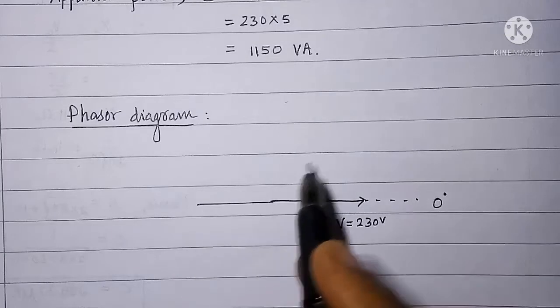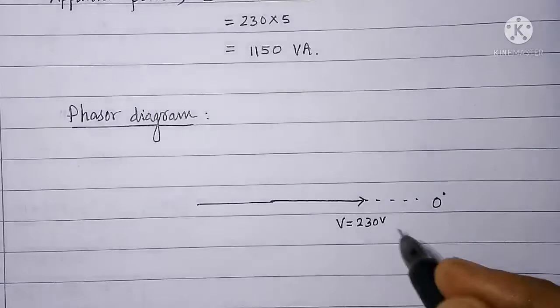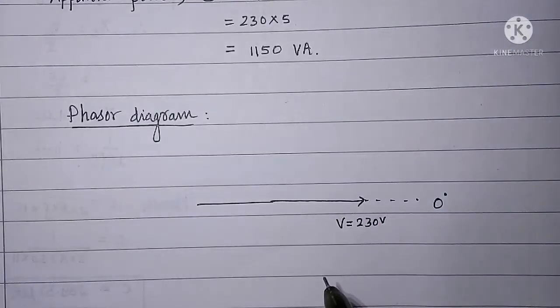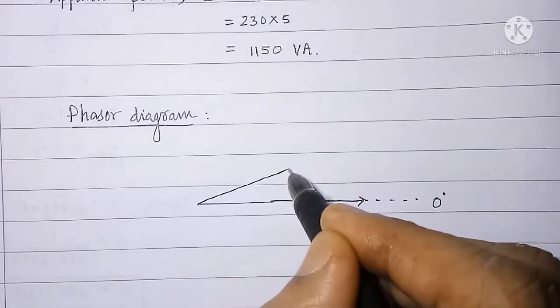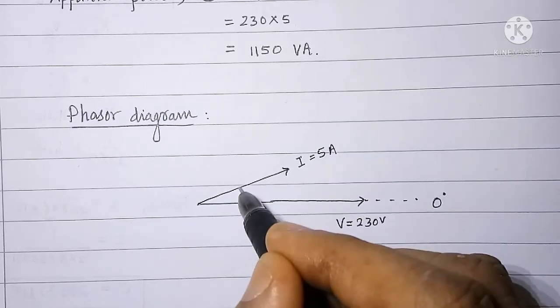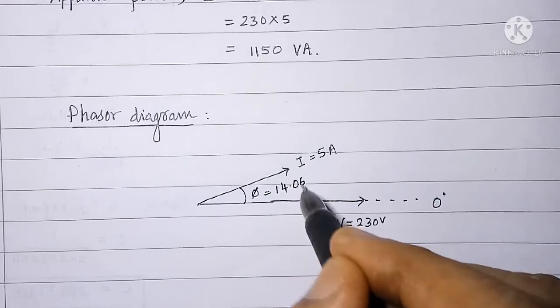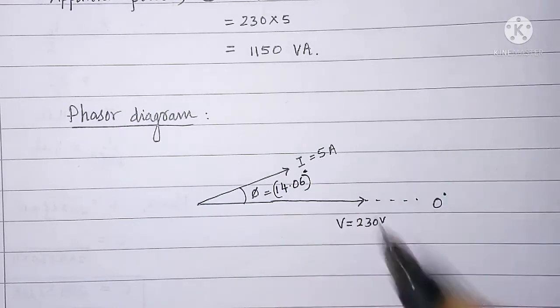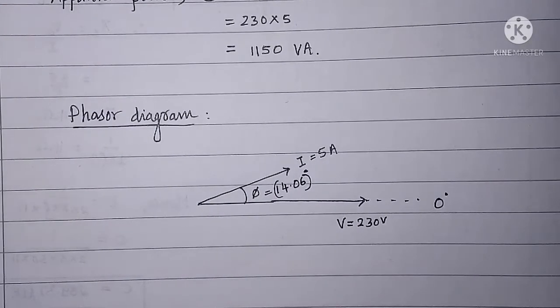So we have to show current phasor above the voltage phasor, because we know that phasors rotate in anti-clockwise direction. And now we have to show the current phasor I equal to 5 ampere at an angle of phi equal to 14.06 degrees. So this is required solution.